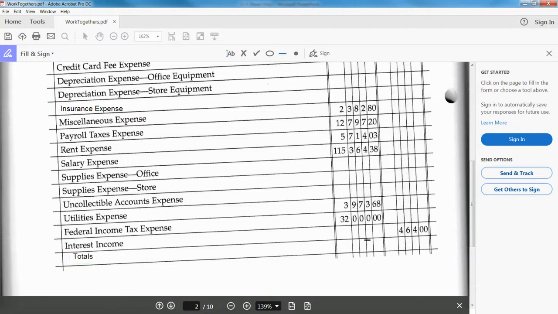And then I'm going to draw a line, as best as I can with this. So there's my first line. And then I have to add up all of the debits.